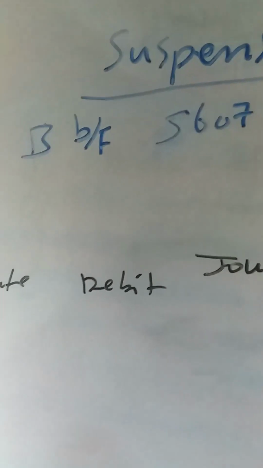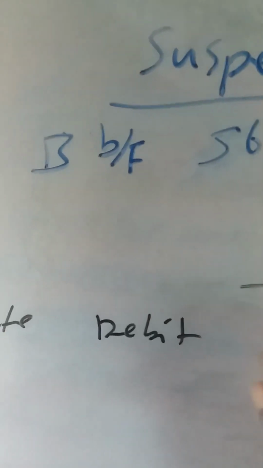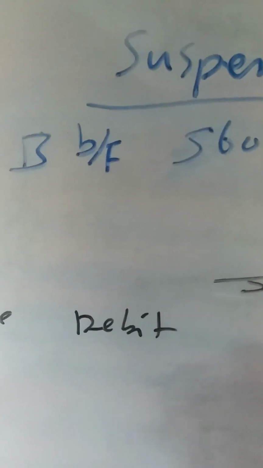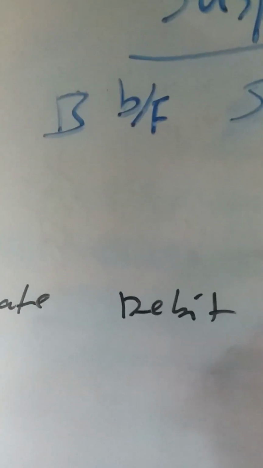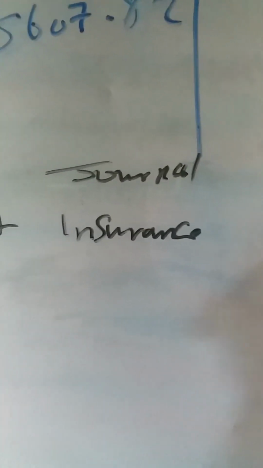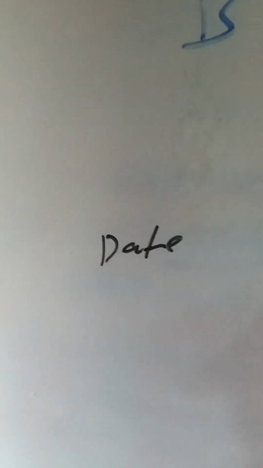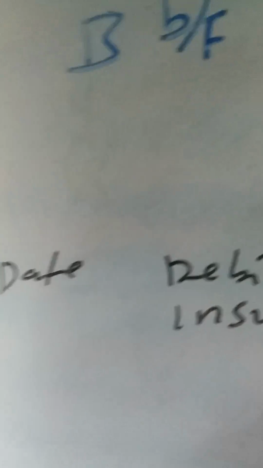Okay, so from our question you find that our correction of errors will be, we are supposed to debit insurance.